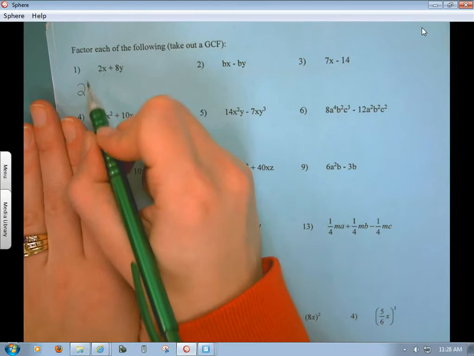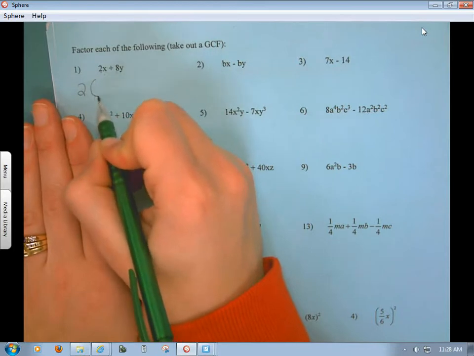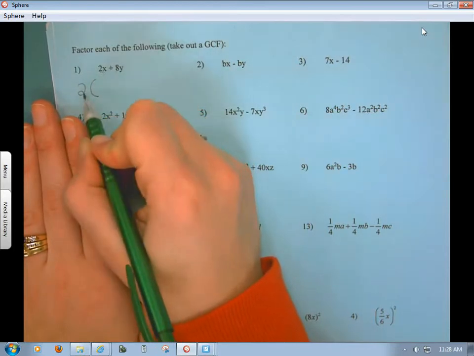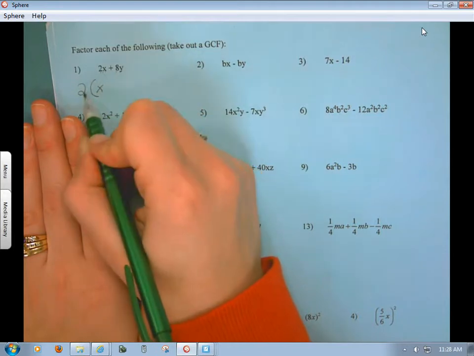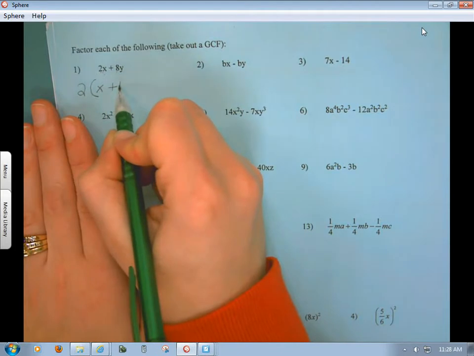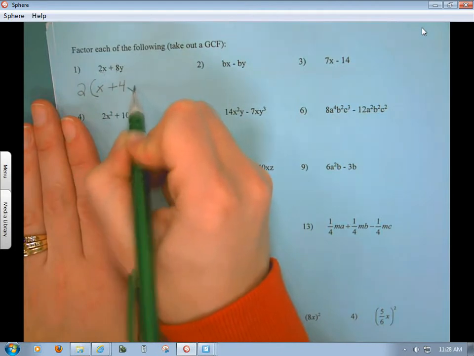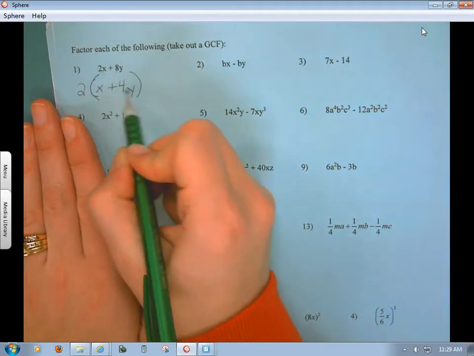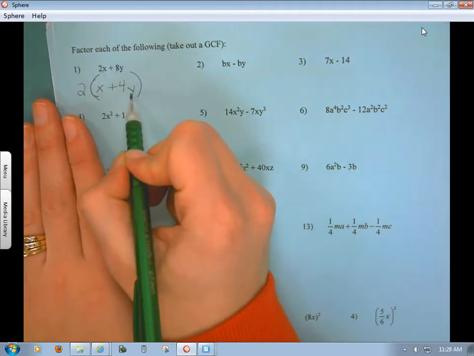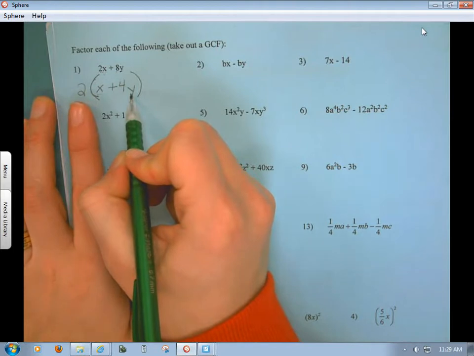So now I divide it out. 2x divided by 2 is x. 8y divided by 2 is 4y. Now, if I look in the parentheses and I still see something in common, that means that what I took out as my GCF is not big enough, so I have to take out more.